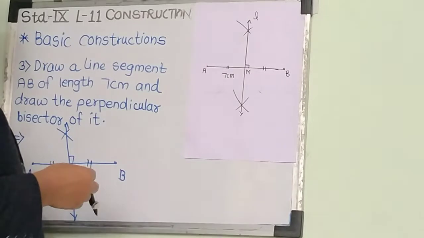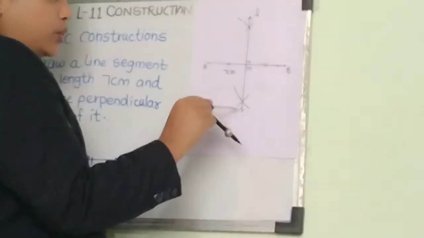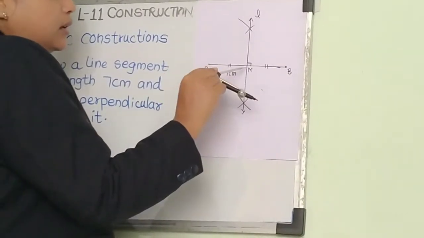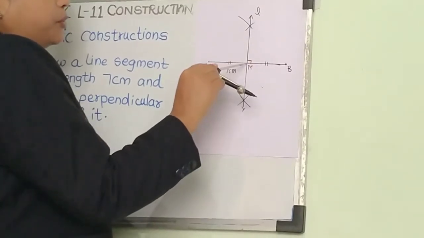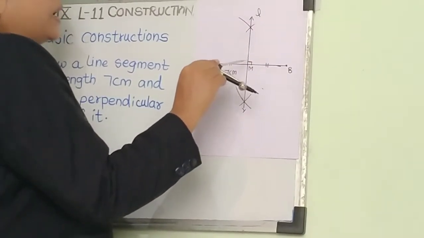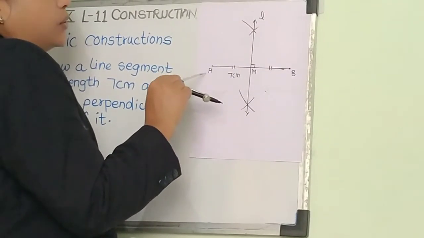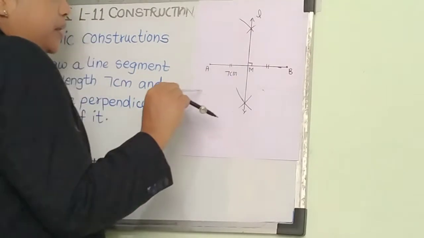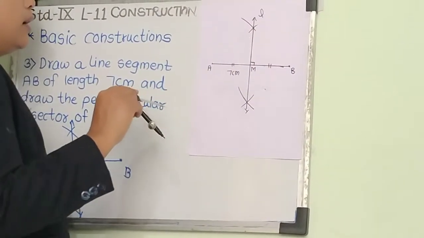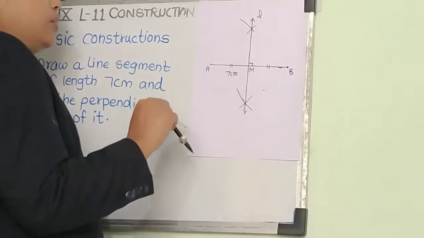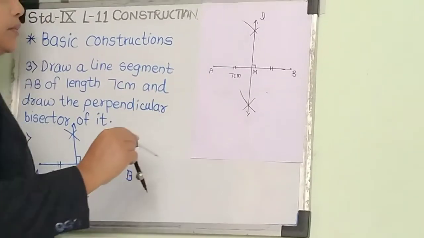So we get two intersecting arcs. Draw the line passing through them. See here, that line and segment AB meet at M. So this line is called the perpendicular bisector of line segment AB. In this way we can draw the perpendicular bisector of a line segment.